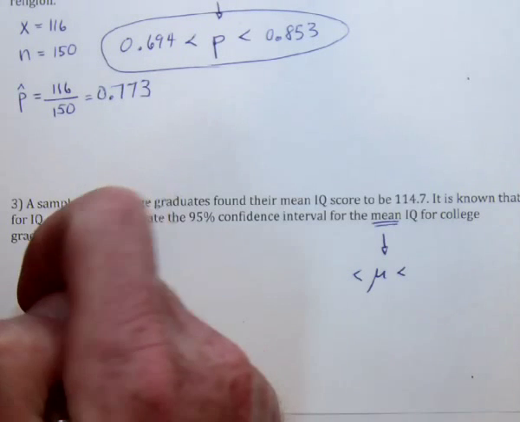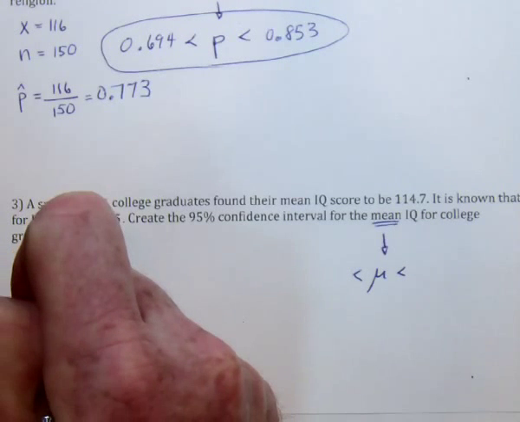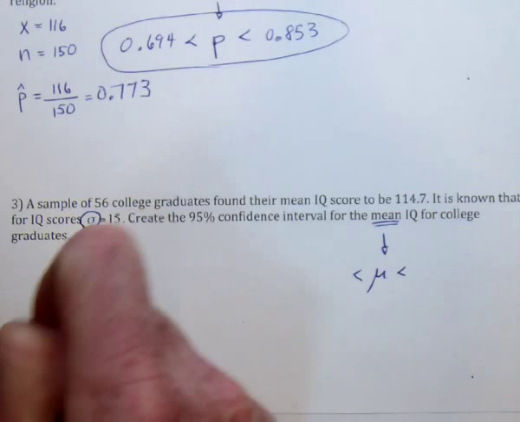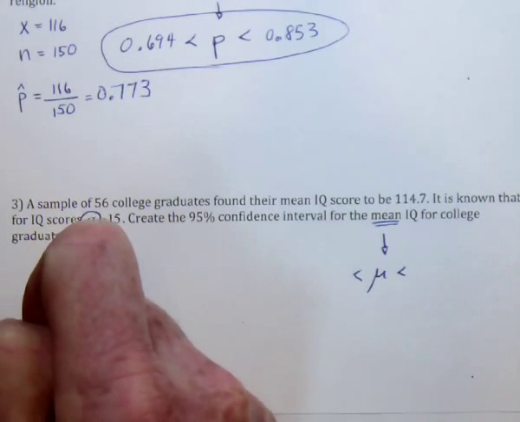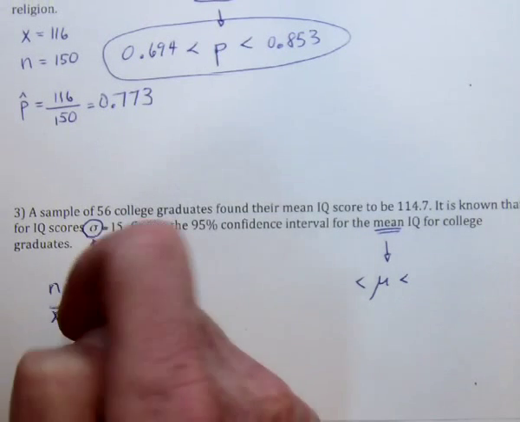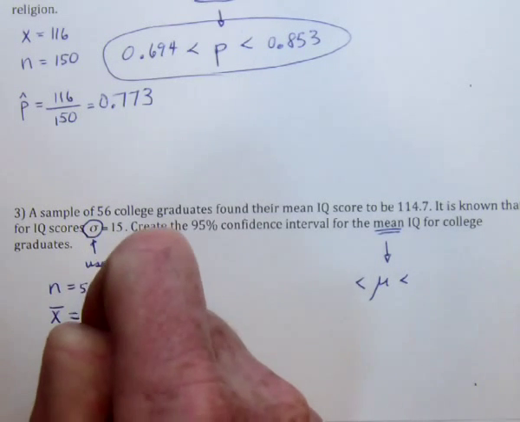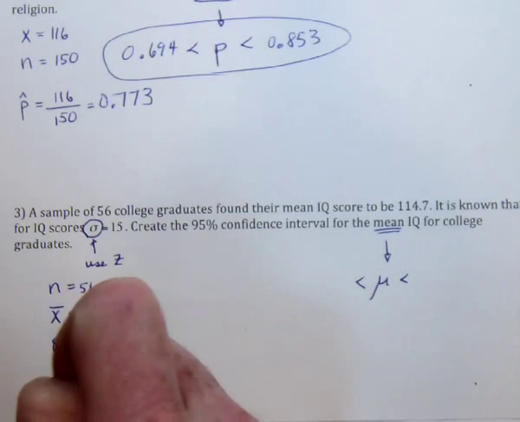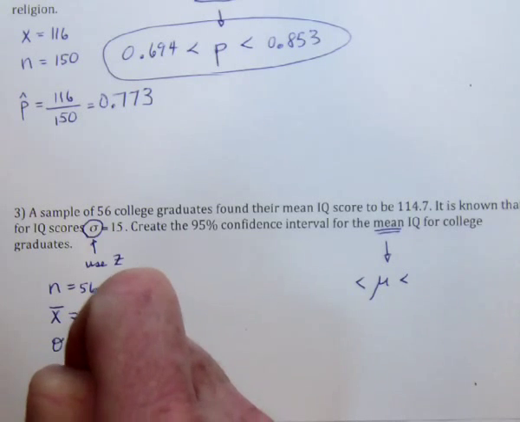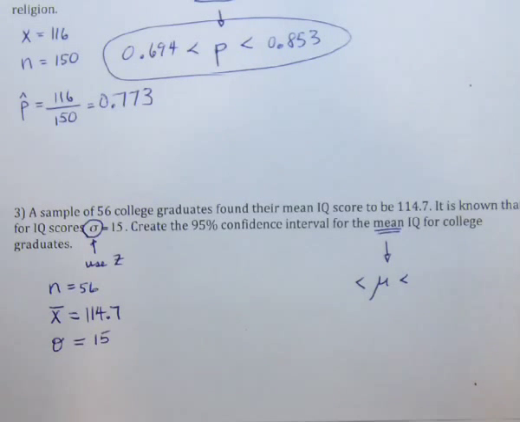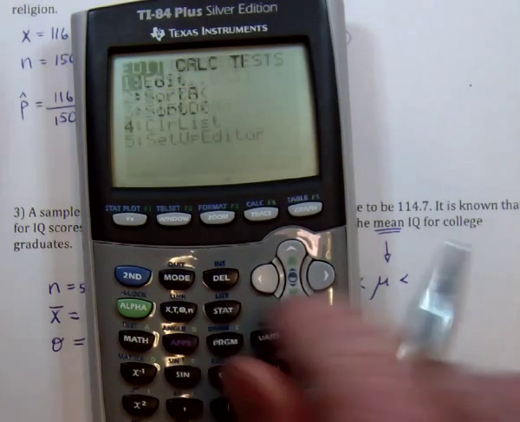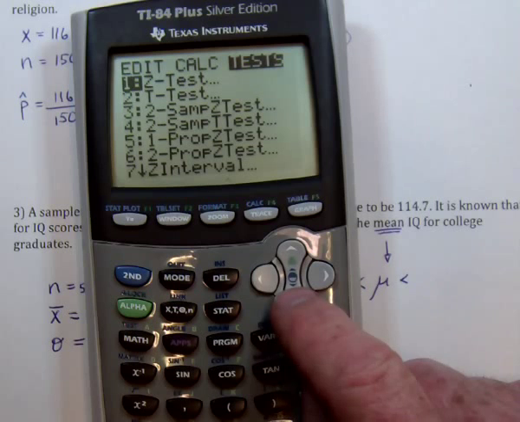So then I write down my given information, and that is that the sample size is 56. The x bar, or average for those people, is 114.7. And the overall standard deviation for the whole population is 15. So that means that we're going to be using the z interval.